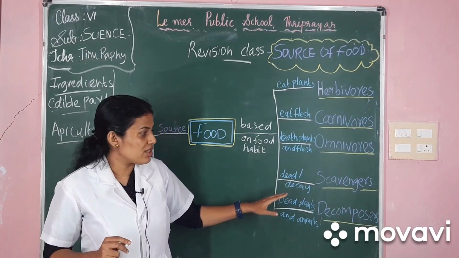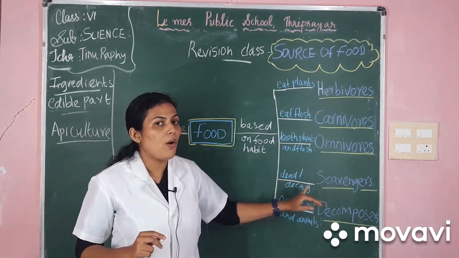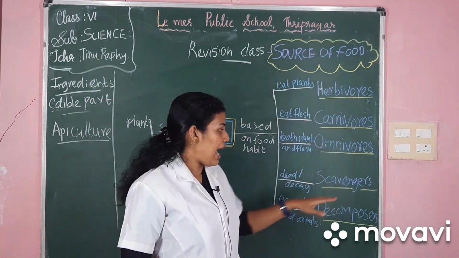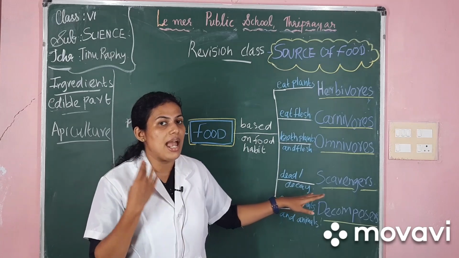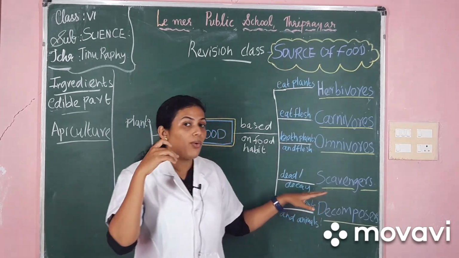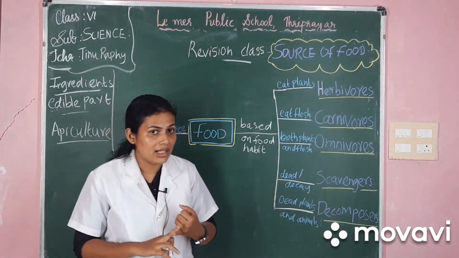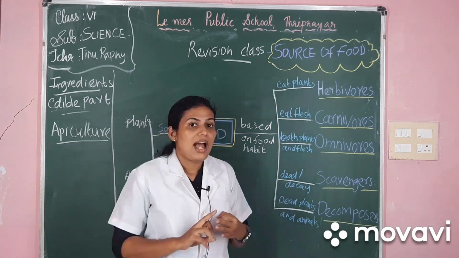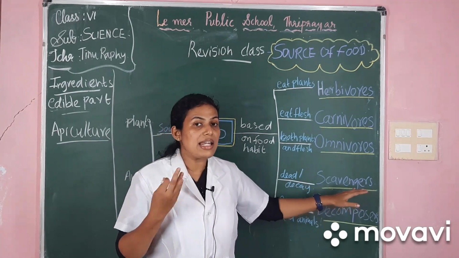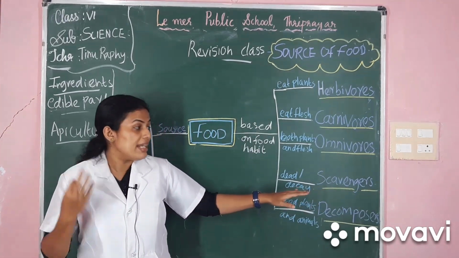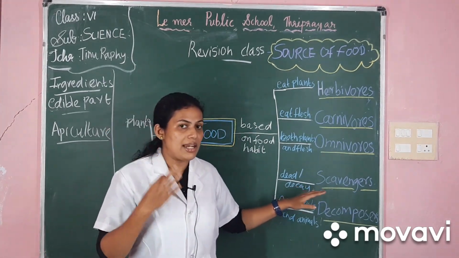Yes, scavengers eat dead or decayed organisms. Scavengers eat the flesh of dead or decayed animals. So the examples for scavengers are jackal, vulture, hyenas, etc. So scavengers are the animals that feed on dead and decayed animals.